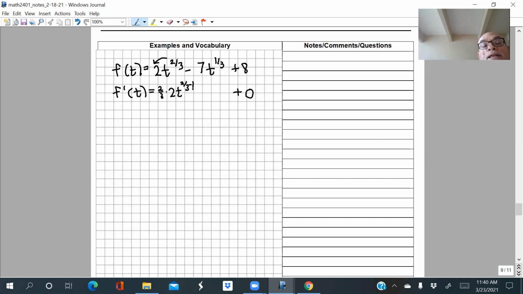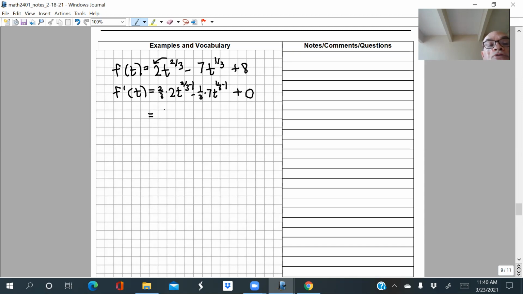So that would be 2/3 minus 1. And same thing in the second term, because this is also just a power of t. So you bring down the 1/3. It's going to multiply by the 7, but just keep the 7, and then t to the 1/3 minus 1. Right? Subtract 1 from the exponent.